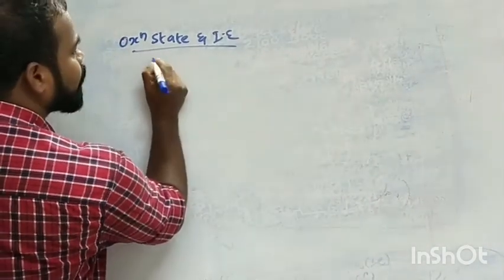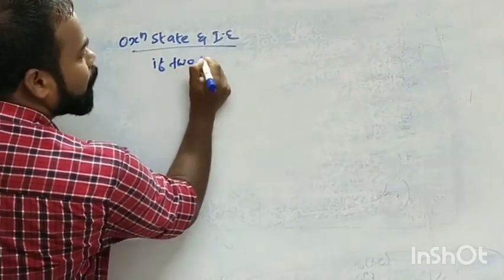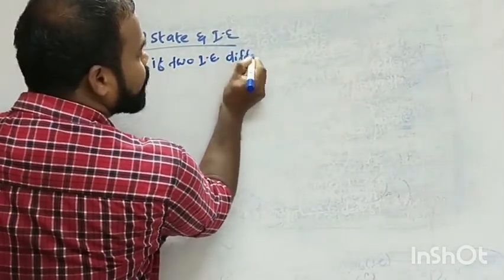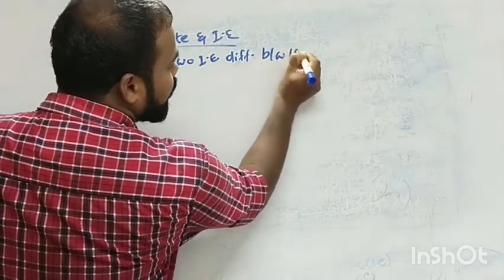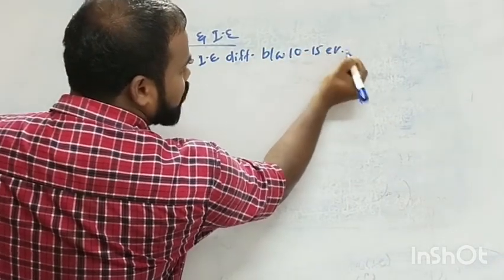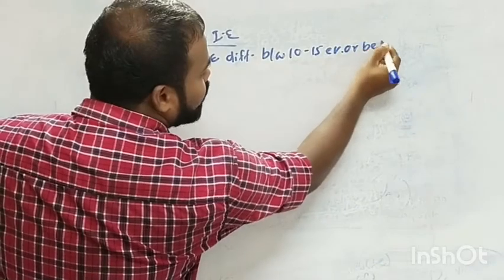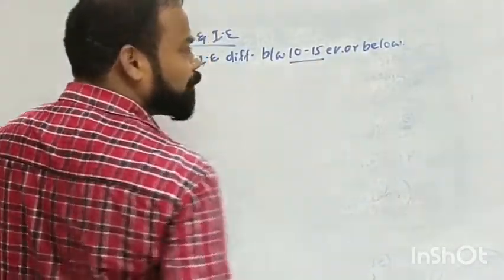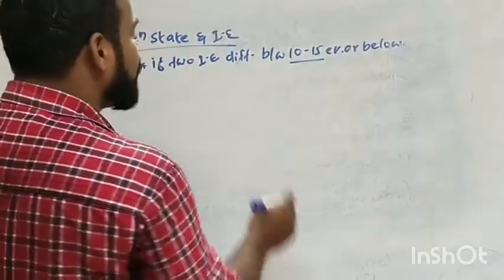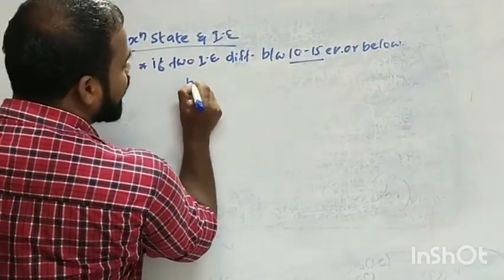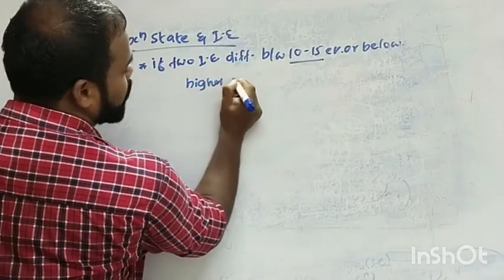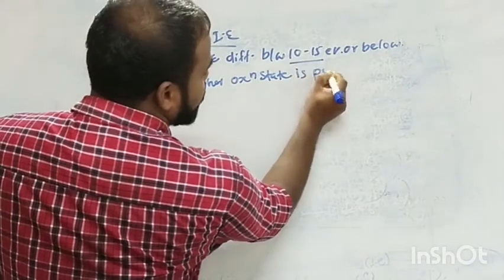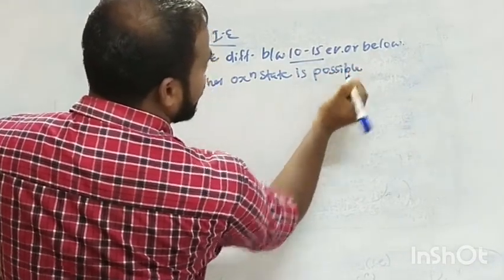If the difference between two ionization enthalpies is 10 to 15 electron volt or below, meaning below 15, then a higher oxidation state is possible.